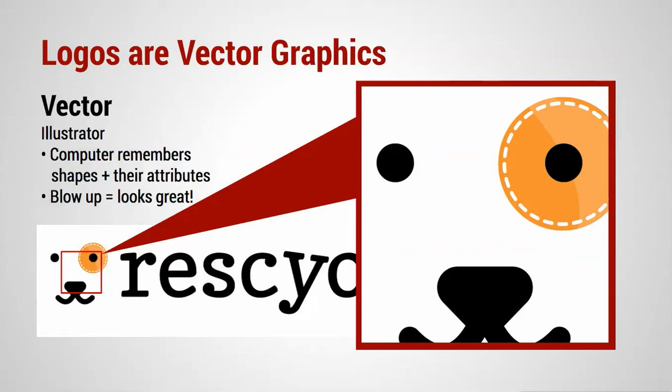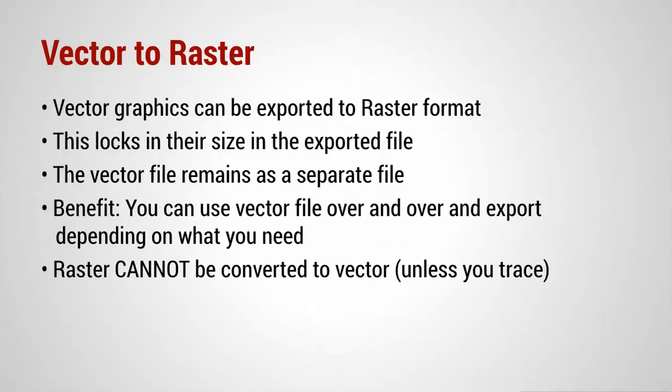I go into Illustrator and I just type in, go from 5 inches to 50 feet, it'll blow it up, and then I can export that into a raster and send it to them. Now the raster is going to be a lot bigger because it's going to have way more pixels, but I can use this Illustrator file over and over and over again to make different sizes and different versions of rasters. So that's the benefit of starting with vector.